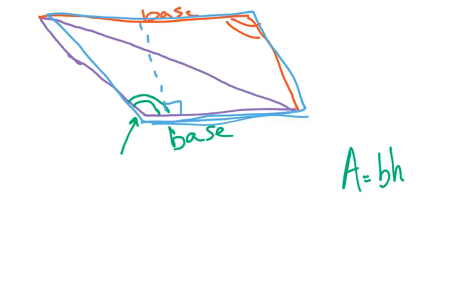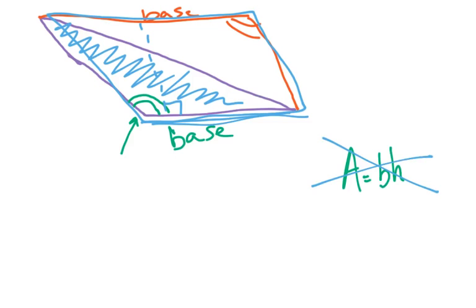But I don't actually want the area of that whole shape. I just want the area of this much of the shape, which is half of it. So the area formula for a triangle, while similar to that of a parallelogram, is that you have to take half of whatever the base times the height would be, and that would give you the area of the triangle.